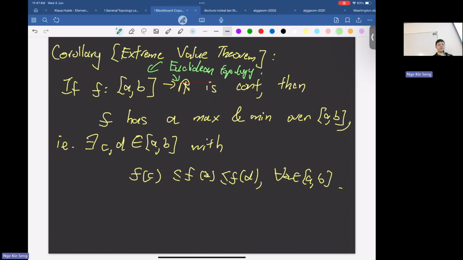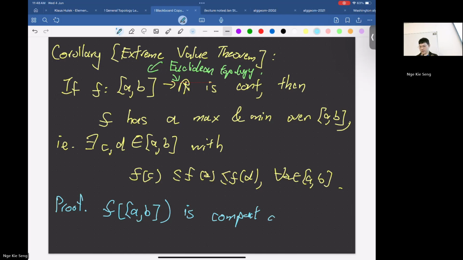So it's compact. So the image of a compact set is what? Compact. Moreover, this interval is connected, right? So I'll prove here that f of this closed interval is compact and connected. We are using both statements: the continuous image of a connected set is connected, and the continuous image of a compact set is compact.